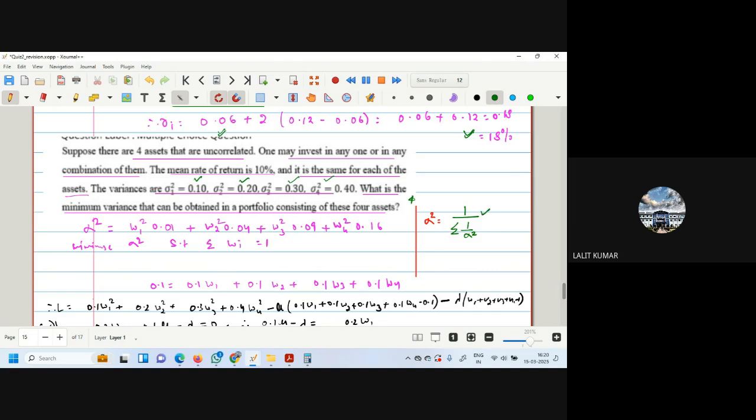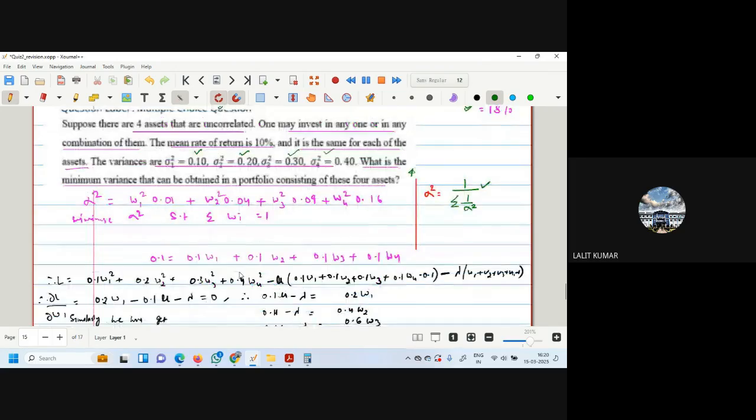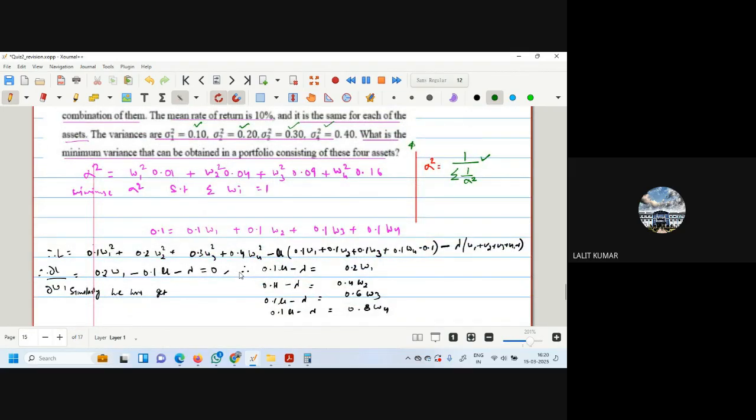In case during the exam you forget this formula, you can solve it using Lagrange also. What Lagrange does: we have to find the minimum variance. So we have to minimize variance such that the summation of your weights is 1. This is the condition. We have got 4 variables, but only 2 equations, so we make a Lagrange function from here.